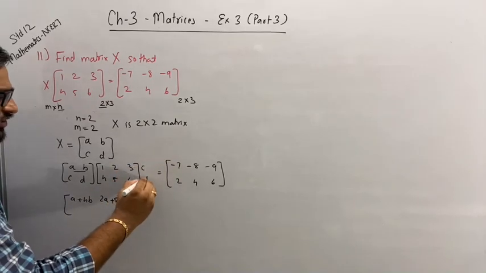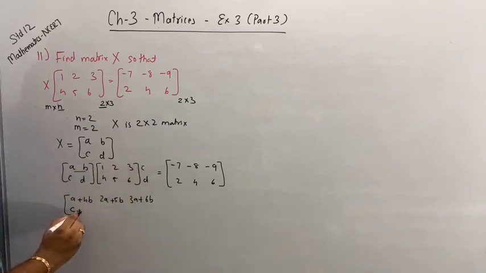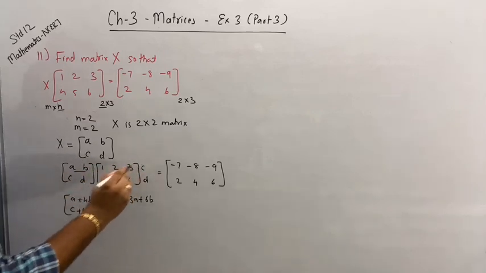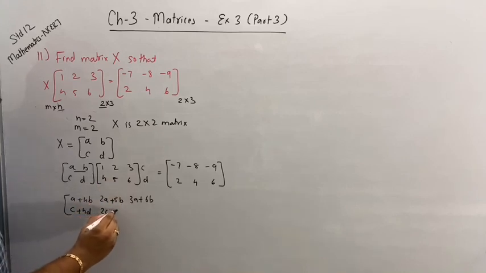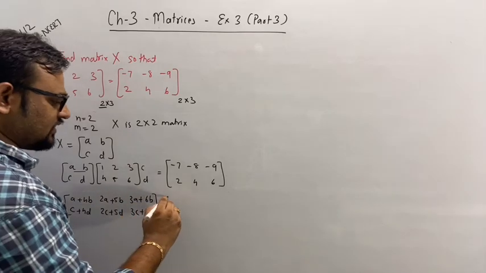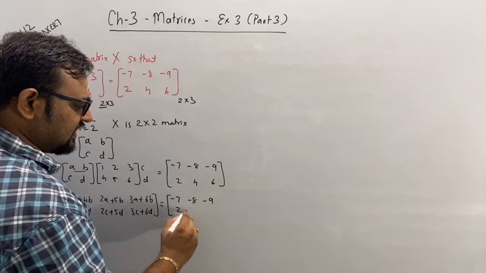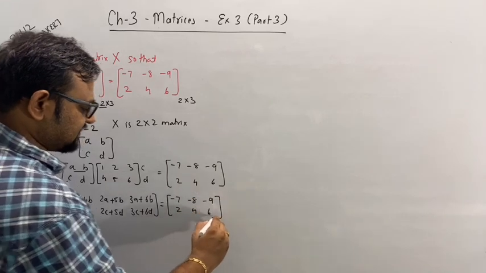Now C and D: 1 into C, C plus 4D. 2C plus 5D. 3C plus 6D. This will be equal to minus 7, minus 8, minus 9, 2, 4, 6.